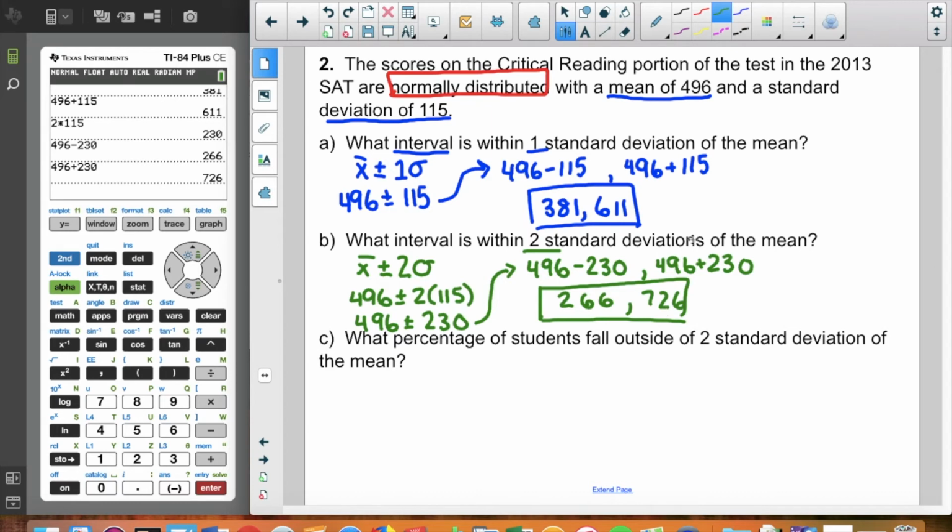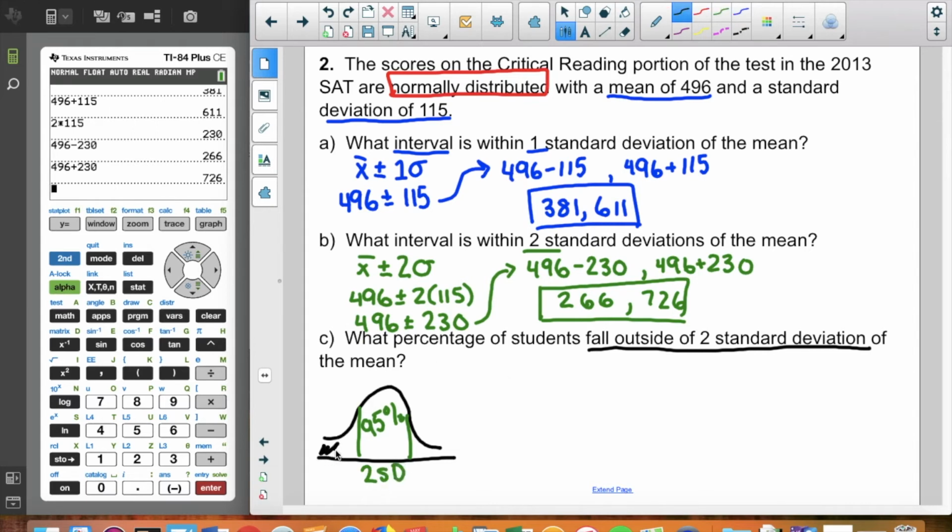Now it says, for part C, what percentage of students fall outside 2 standard deviations of the mean? Since this is a normal distribution curve, I'm going to draw it again. You don't have to if you don't want to. Within 2 standard deviations of the mean, we have to remember, is 95%. We're looking for what lies outside of it.